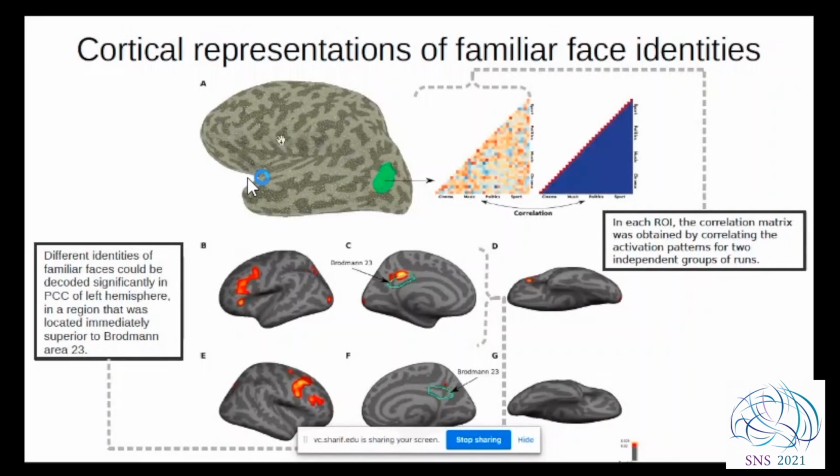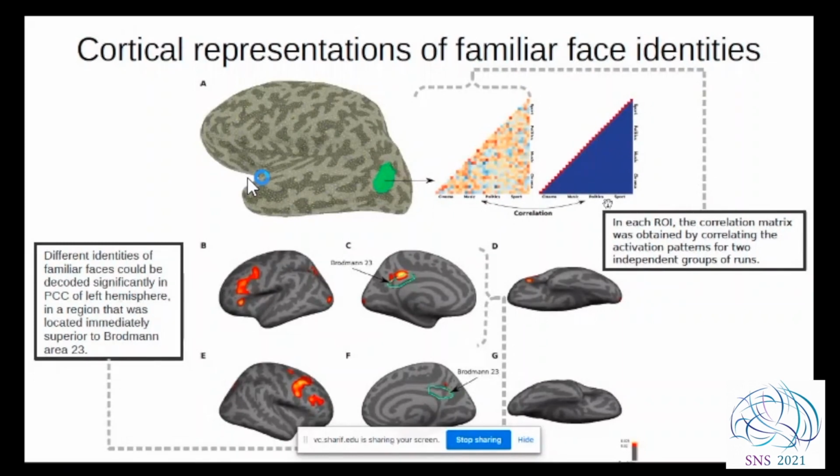We again did a searchlight analysis, and the only difference here was that instead of having a 4x4 correlation matrix, here we have a 32 by 32 correlation matrix. So we basically included all individual familiar faces in this matrix. So we are looking at the activation patterns for all individual faces.